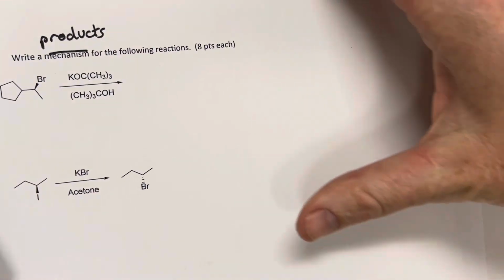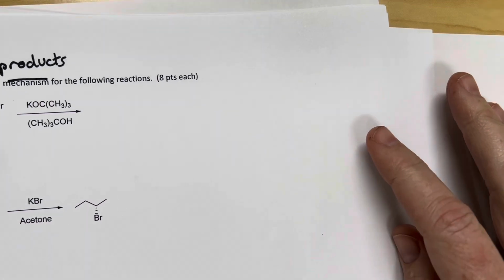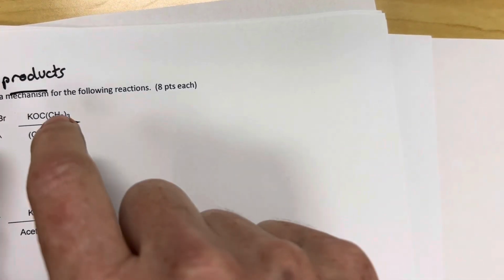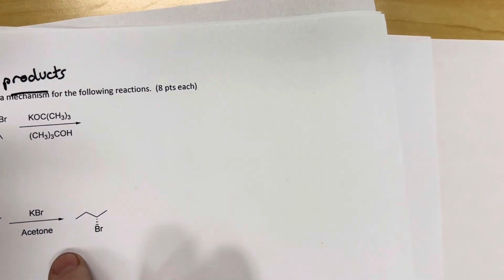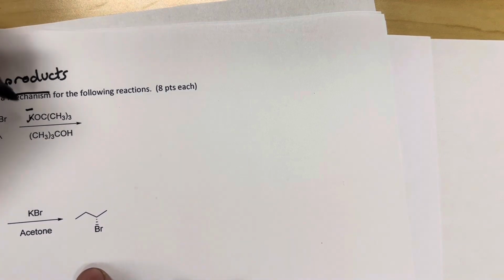All right. So again, we're just going to write the products for these reactions, but we have to use what we just discussed to determine which one is going to proceed via which. I look at this very first thing and I recognize, remember the K goes away and this is a negative charge.